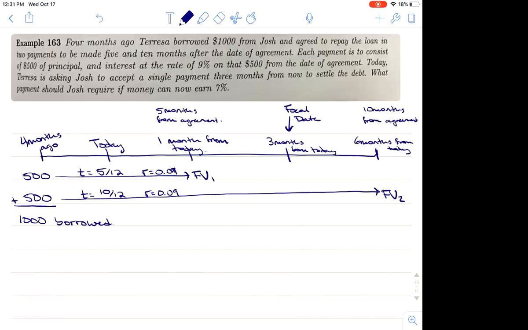Sneaky. So this amount is going to get pulled forward again. So it's going to become another future value, so some future value 3.